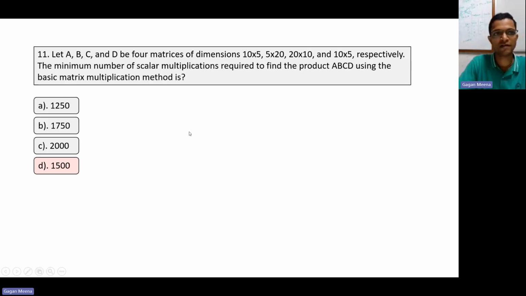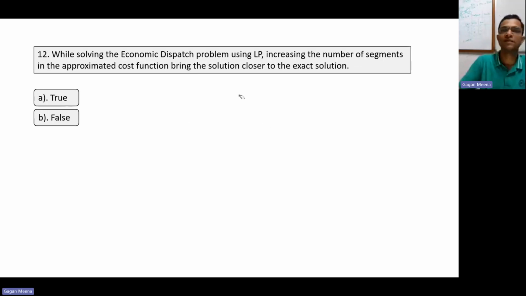While solving the economic dispatch problem using linear programming, increasing the number of segments in the approximated cost function brings the solution closer to the exact one. Not necessary. It depends upon the number of segments.